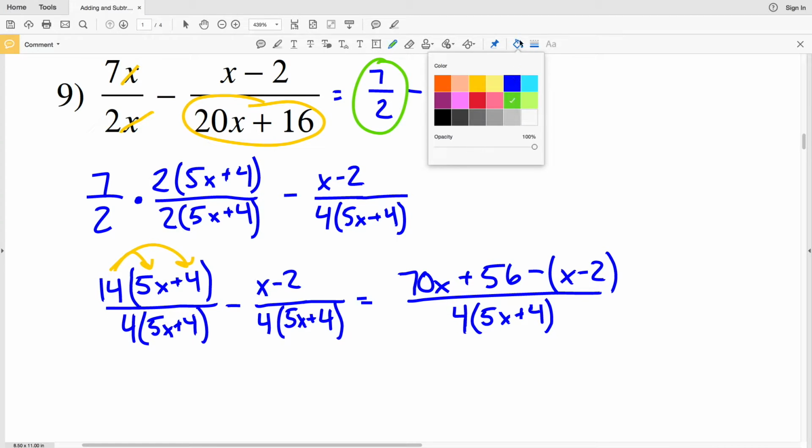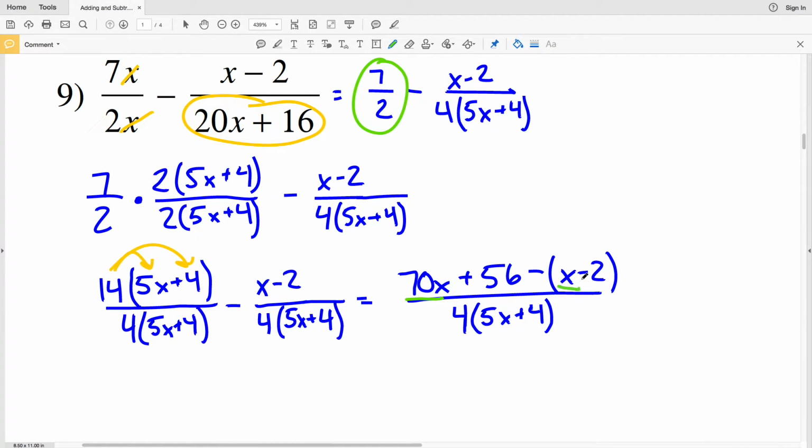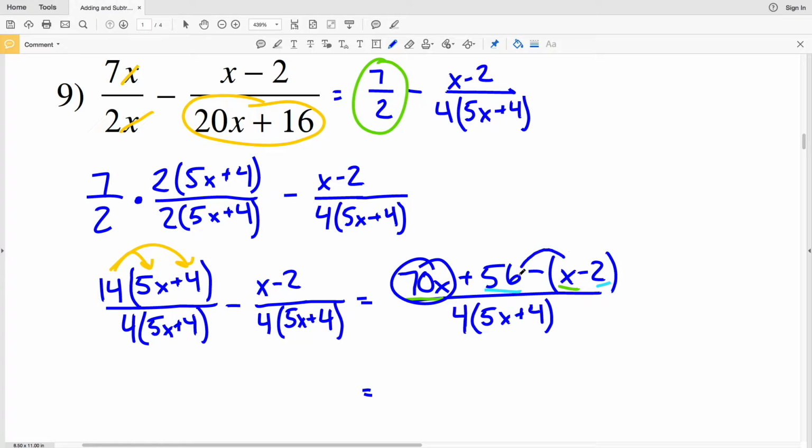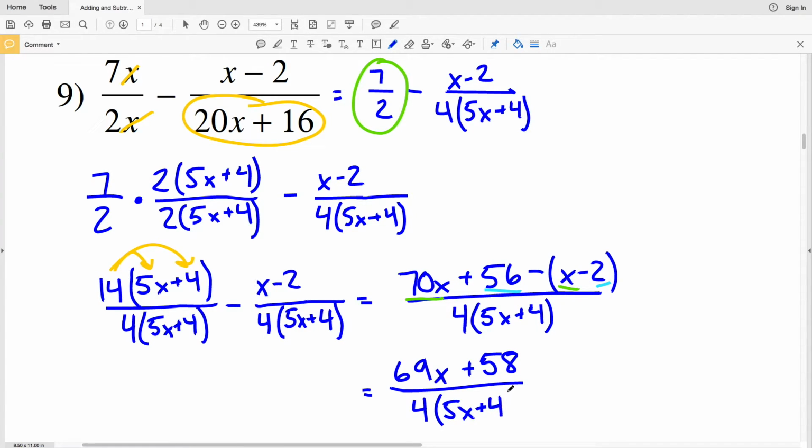Now I'll combine my like terms, 70x with x and 56 with 2. 70x minus x is going to be 69x, and then we'll be adding that to 56 minus a negative 2, so 56 plus 2, so that'll be 58. So we have 69x plus 58 all over 4 times 5x plus 4.